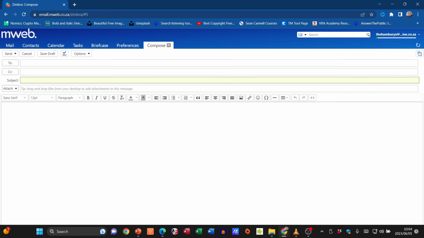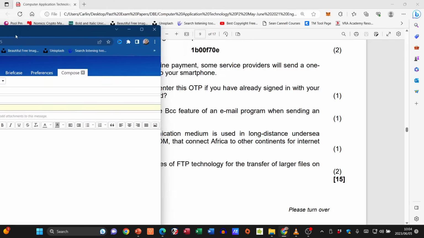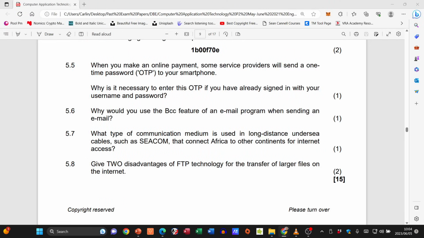In other words, these people over here will also receive a copy of this email. However, when I go to the BCC, the BCC is the blind carbon copy. This now means that the person that I'm sending it to will not see who I'm sending that mail to in the BCC. However, it'll still go to those people.